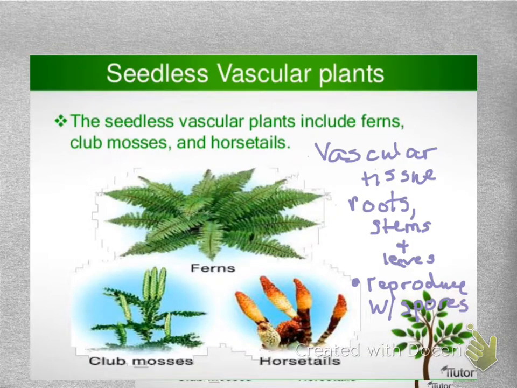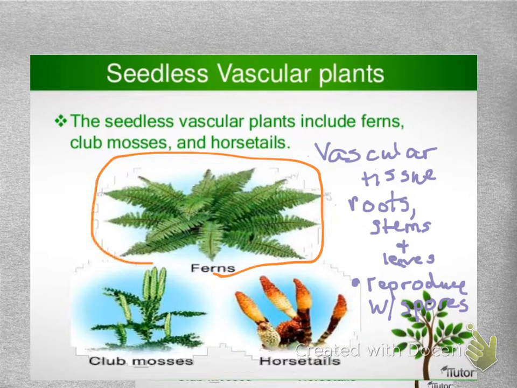So we have several examples of these types of plants. We have the ferns, which many of you are probably more aware of than any of the other plants. And those are these ones that you can see in people's houses or hanging outside. They grow in the forest floor. Some people have them around their houses. And they often grow as houseplants, like I said.